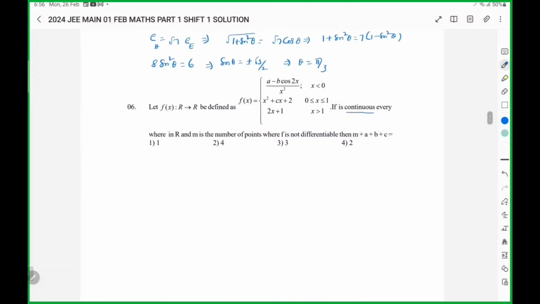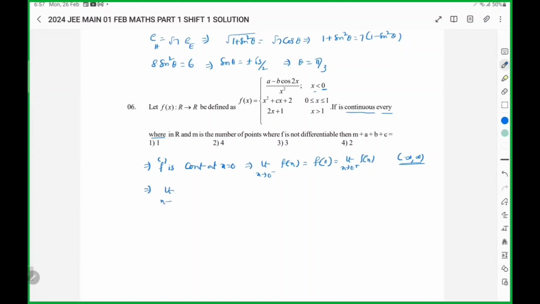Here it told continuous everywhere. Everywhere means in the interval minus infinity to infinity, everywhere it is continuous. So to find out the constants, the turning points, we'll consider if it is continuous at x equal to 0, limit x tends to 0 minus fx equal to f of 0 equal to limit x tends to 0 plus fx.